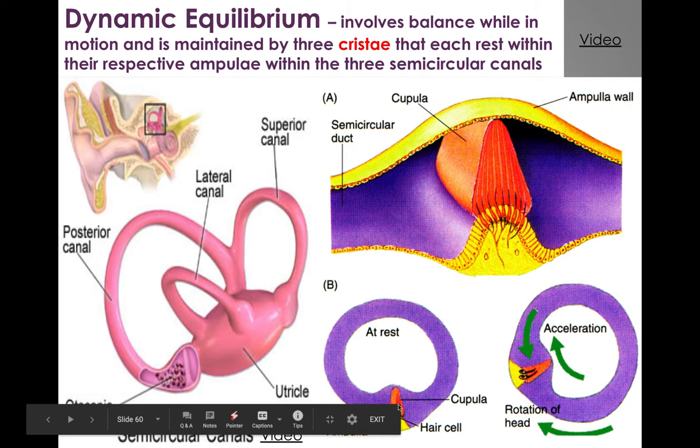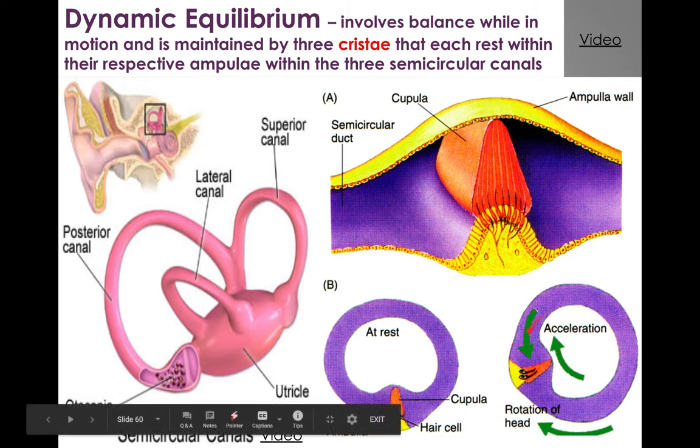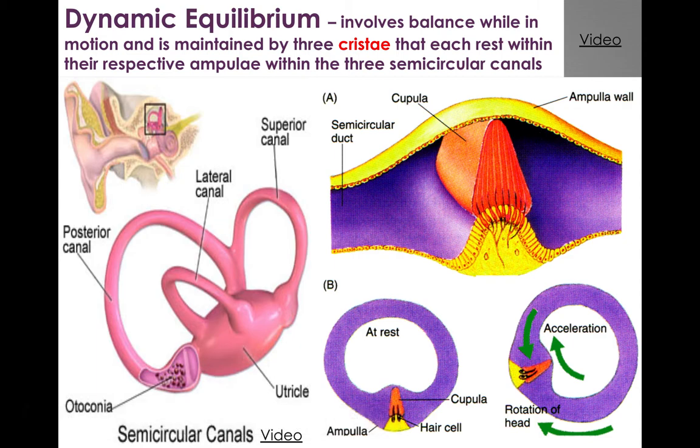So you can see the cupula here is in its normal position, and here it's being pushed by the endolymph. Now the hairs from the hair cells extend into the cupula, and so their position will change as well, and the hair cells will interpret this information, depolarize appropriately, and there you can see they're connected to these sensory neurons, which will form the vestibular nerve.